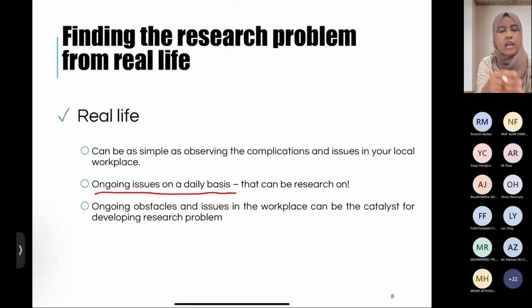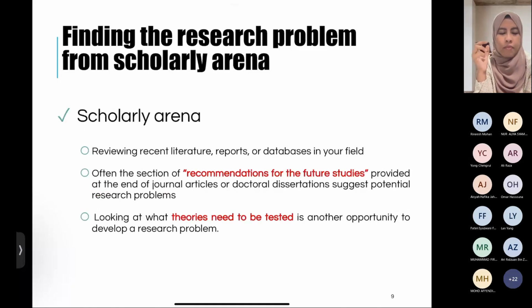Is it the workers? Is it the machine? Is it the supply chain sequence, or the workflow that is not smooth, or what? So this is the thing that we can take as a catalyst for us to develop a research problem.